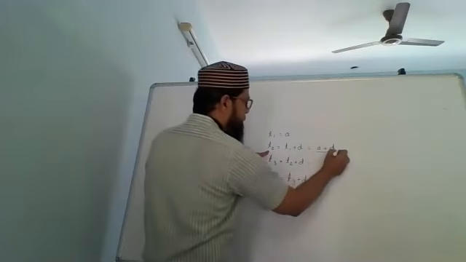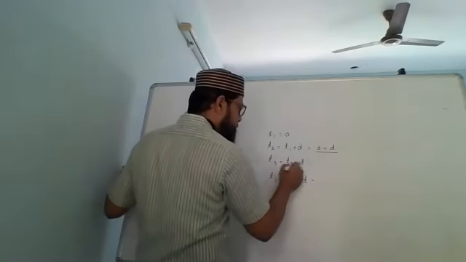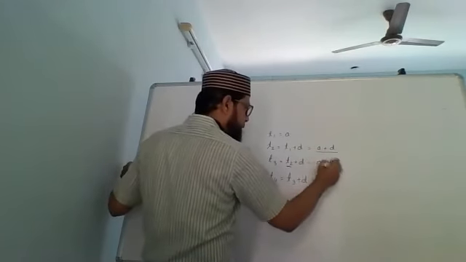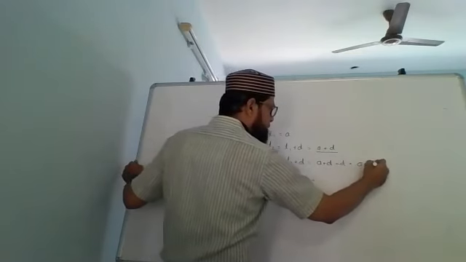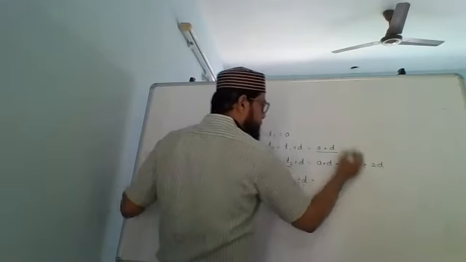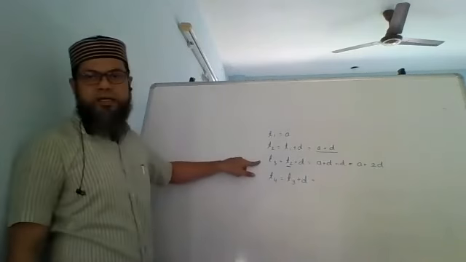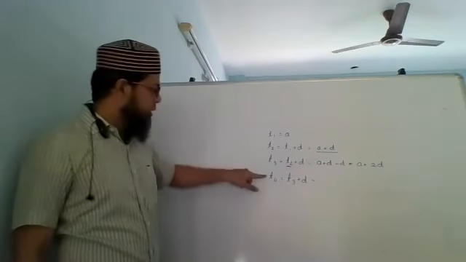T2 is A plus D. So in place of T2, I'm going to write A plus D, and this D as it is. So it becomes A plus 2D. T3 is A plus 2D.